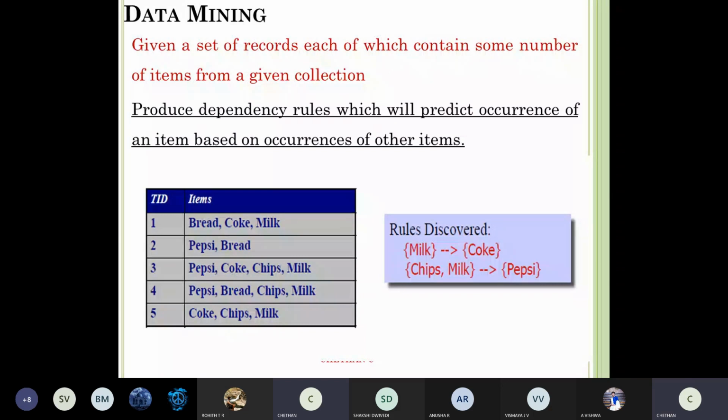Okay. So what is the most association that can happen? Milk is associated to the majority, not everywhere. Please keep that in mind. Not everywhere, but in the majority of the times, milk is associated with Coke. Okay. Then the next one, these chips and milk are to some extent associated with Pepsi.